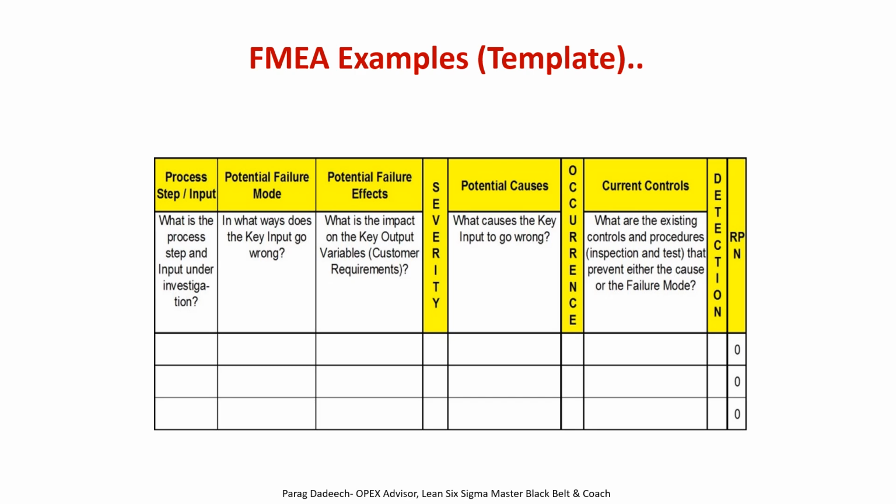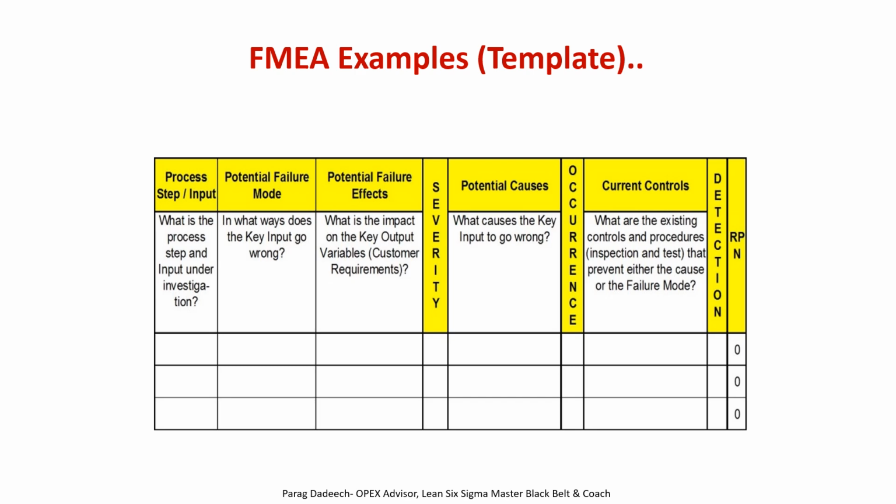Next, we determine what causes the key input to go wrong, that is the causes, and the related occurrence rating. Then we determine what are the existing controls that prevent either the cause or the failure mode, that is the detection rating. And finally, you calculate the RPN number.